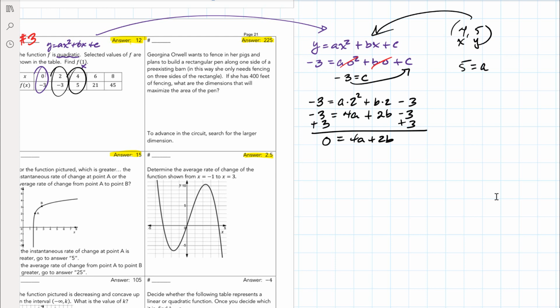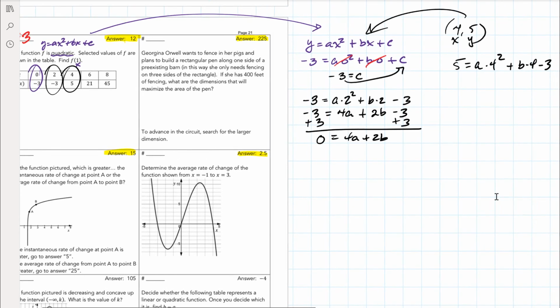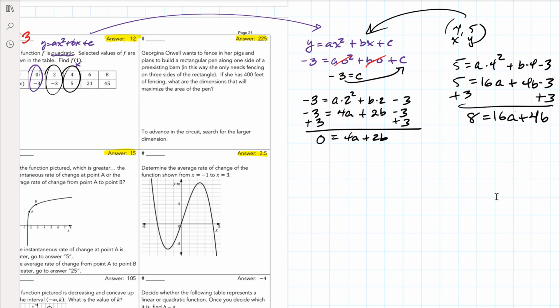So 5 is equal to a times 4 squared, because x is 4, plus b times 4, and then minus 3. C is -3 every single time. We already found that out initially. So let's simplify this. 5 is equal to 16a plus 4b minus 3. I'm going to add 3 to both sides just to make it look like the other equation. And I get 8 equals 16a plus 4b.